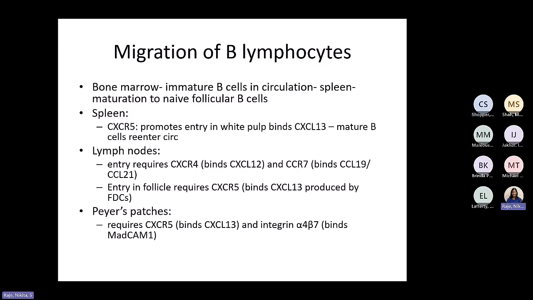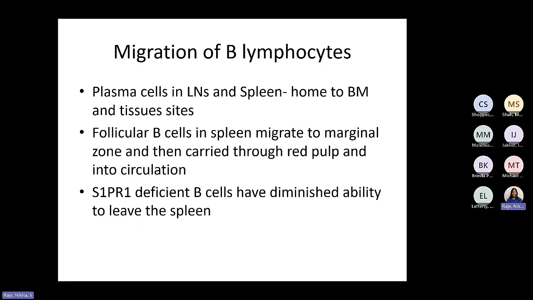In the Peyer's patches, again, the CXCR5 helps them bind to CXCL13, and they also express alpha 4 beta 7 that helps them to bind to MADCAM1 and home to the gut. Once they are activated and differentiated into plasma cells, these plasma cells can home back to the bone marrow and tissue sites where they reside and produce antibodies.